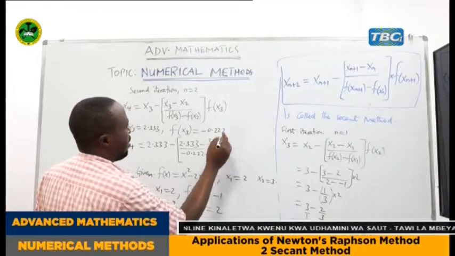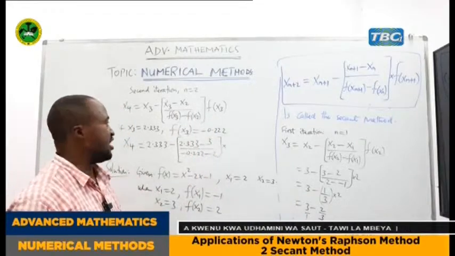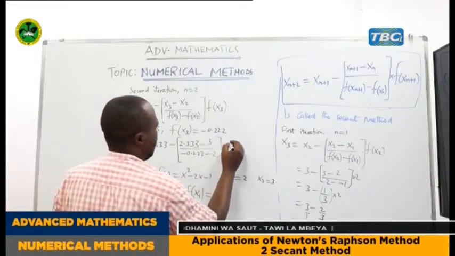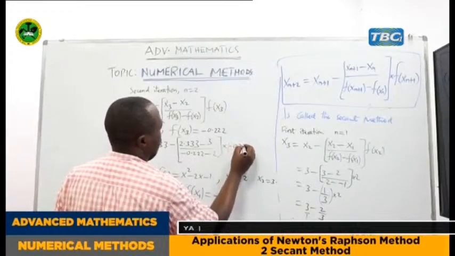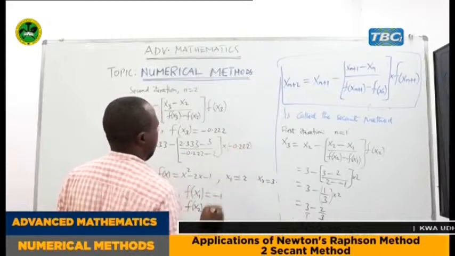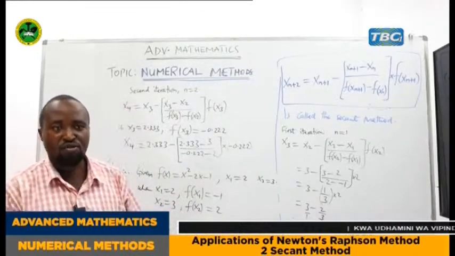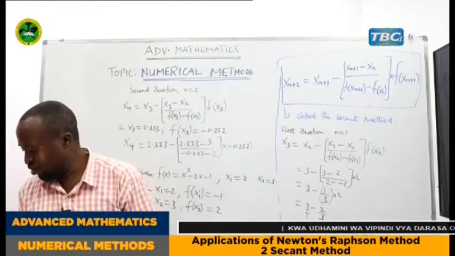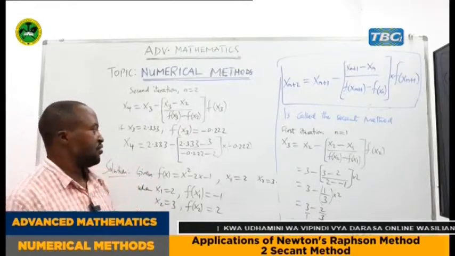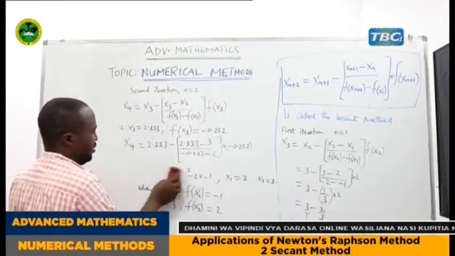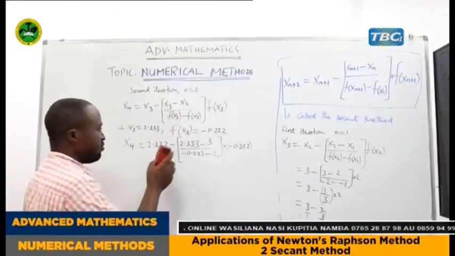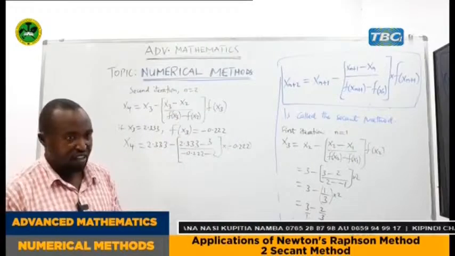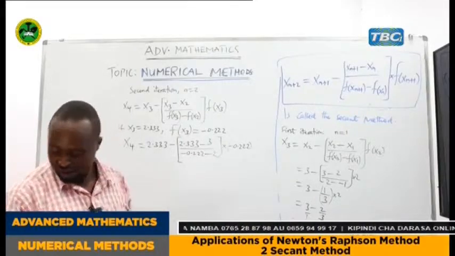So again we multiply by f of x3, negative 0.222. It is time to use your calculator to find the final answer.